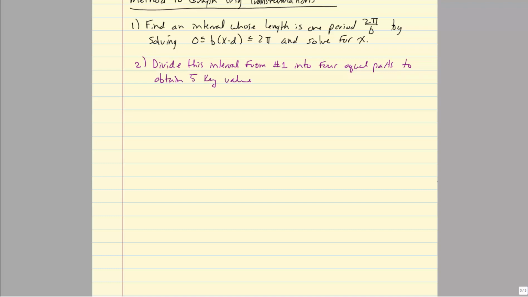Basically these 5 key values will be maximum, minimum, and cross points. Next, we'll take these 5 key values and evaluate the function. Now what this is going to give me are maximum points, minimum points, and basically your cross points or your middle values.